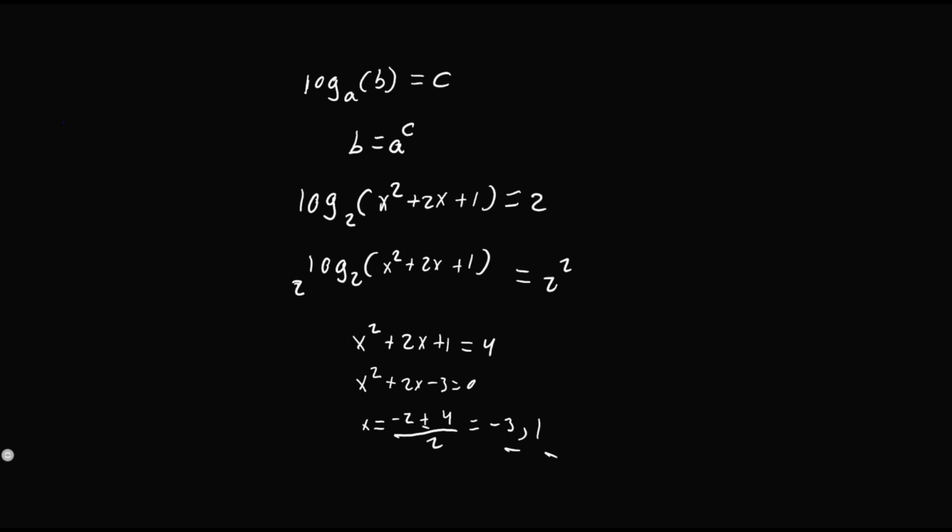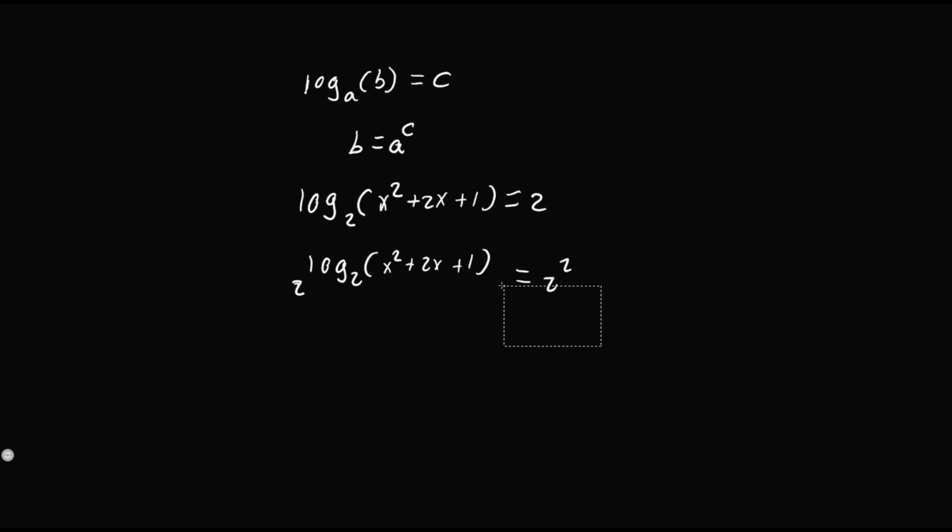So let's go ahead and do that. Let's clear up some space and keep this. We already know the solution, so we don't need to do most of that. We have x is equal to -3 comma 1. Here we can see which one is going to be true. We're going to look at the quadratic separately, so we can just plug in the number inside of the log.